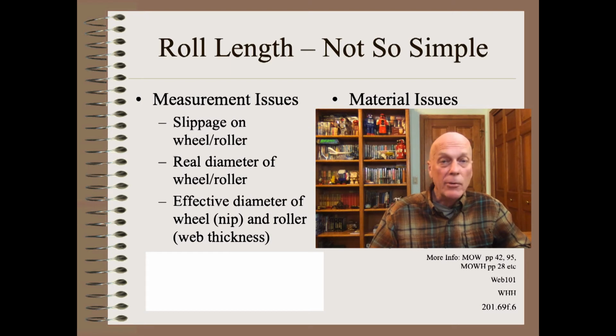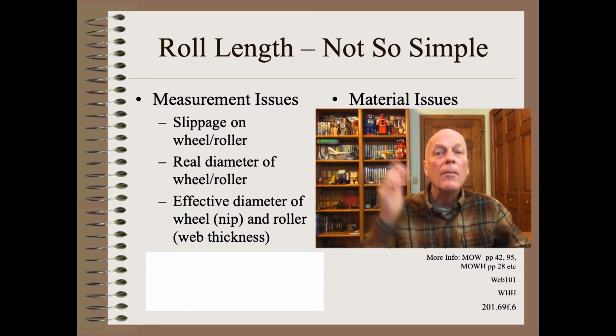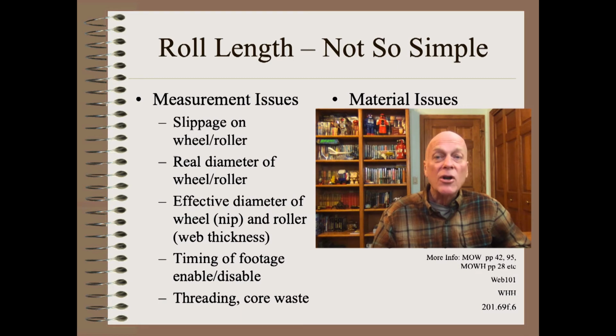There are many reasons why length measurements may not yield consistent answers. Some have to do with the mechanics of the instrument itself, such as we outlined but did not detail in the last slide. Some have to do with operational considerations, such as when is the footage counter enabled and disabled?